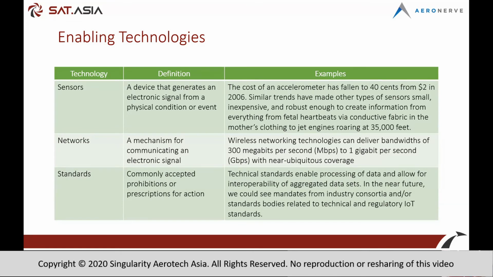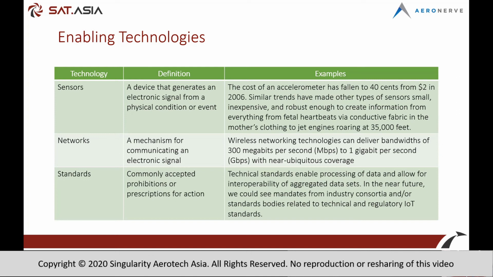That's why you can use your phone to track how many steps you are taking every day, because inside your phone you have a small accelerometer. The cost has been declining over the years, and this similar trend has made other types of sensors small, inexpensive, and robust enough to create information from everything, from fetal heartbeats to conductive fabric, even to jet engines.